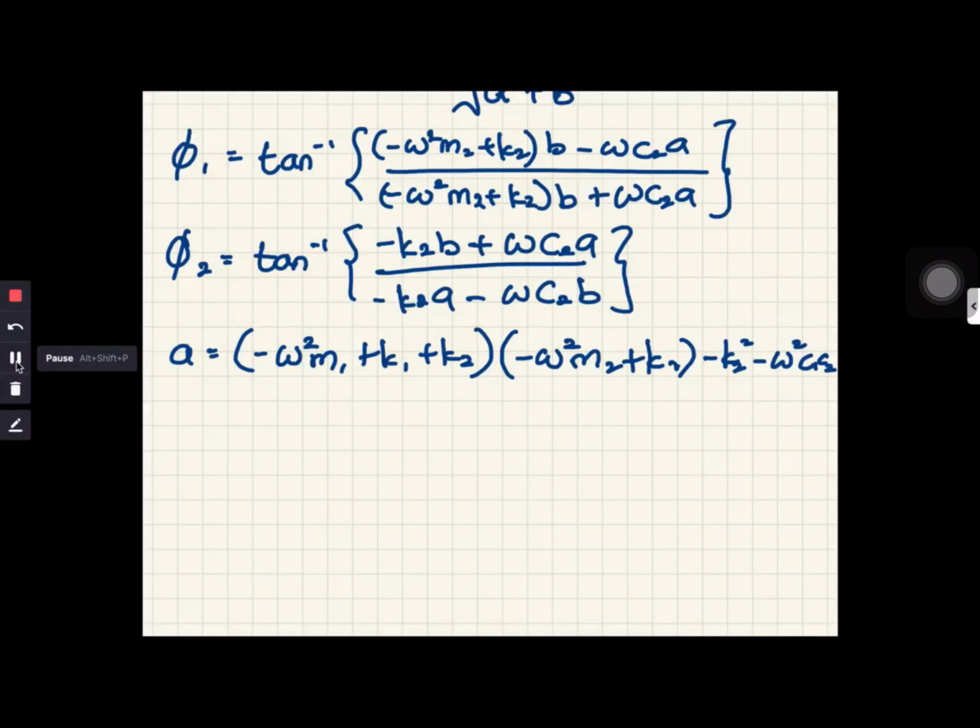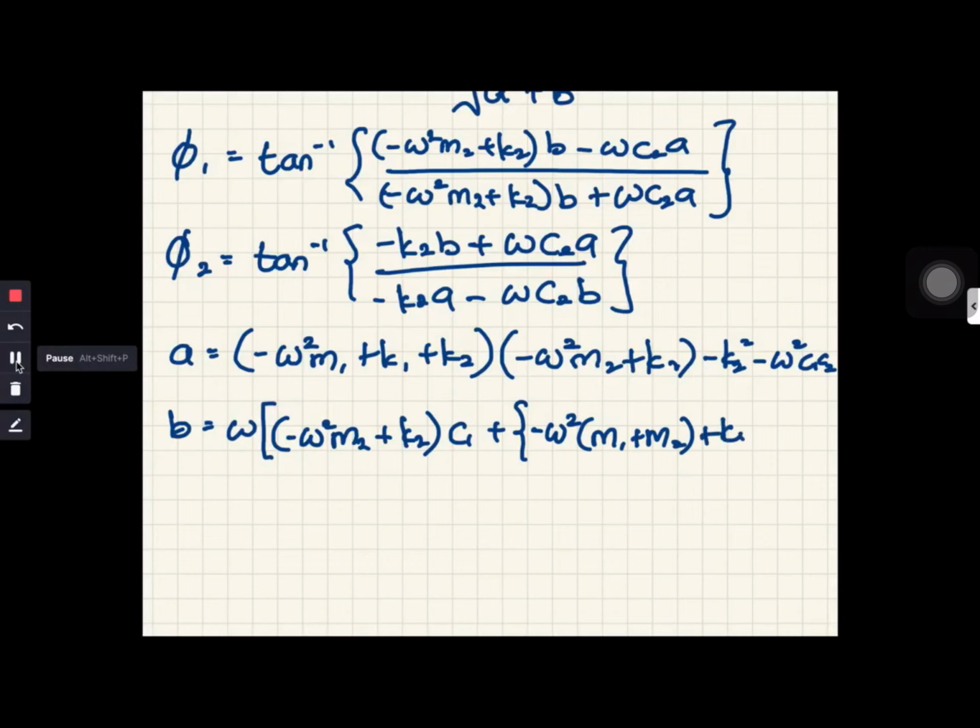And then the B term is omega times negative omega squared m2 plus k2 times c1, plus negative omega squared m1 plus m2 plus k1 times c2.